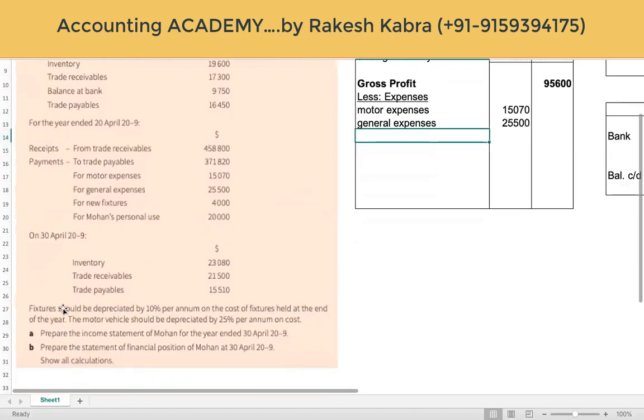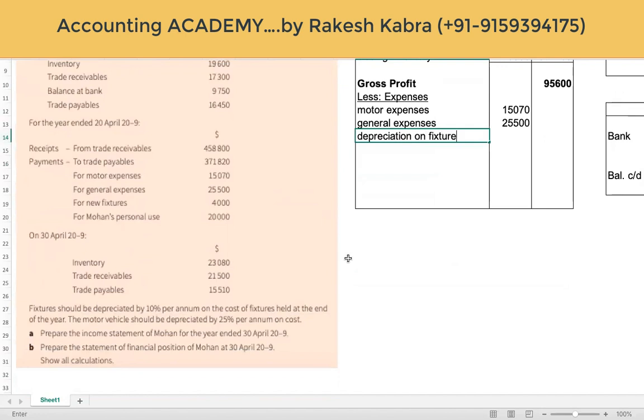Now, last we need to consider depreciation. Depreciation on what? Fixtures. Can you read out that line? Fixtures should be depreciated by 10% per annum on the cost of fixtures held at the end of the year.